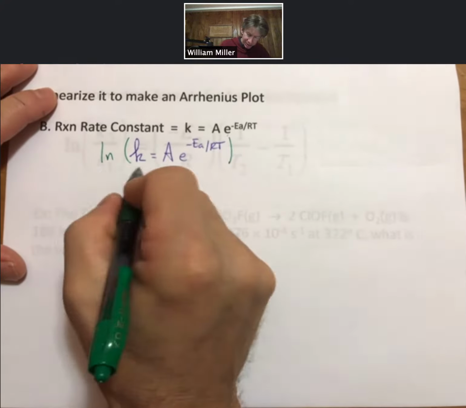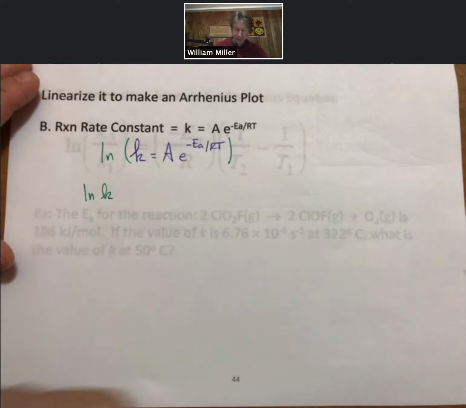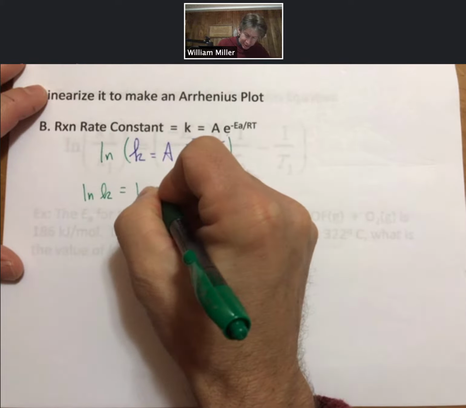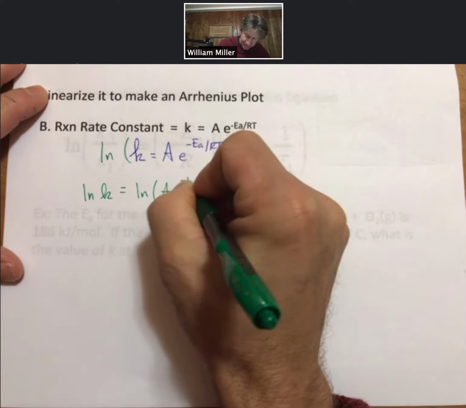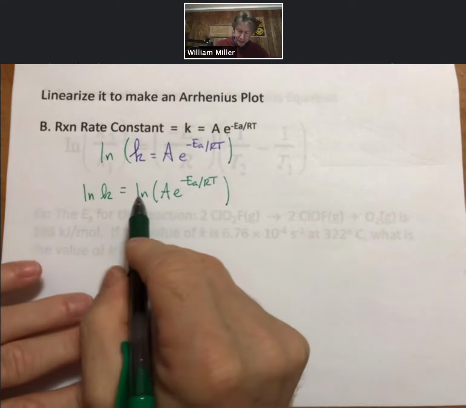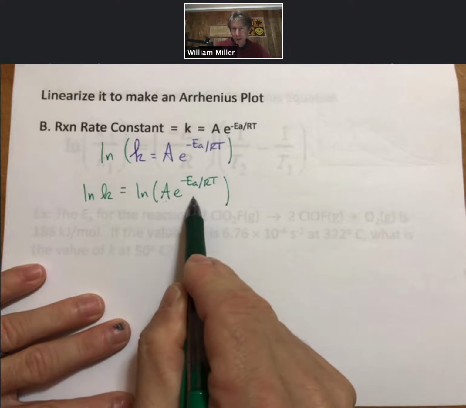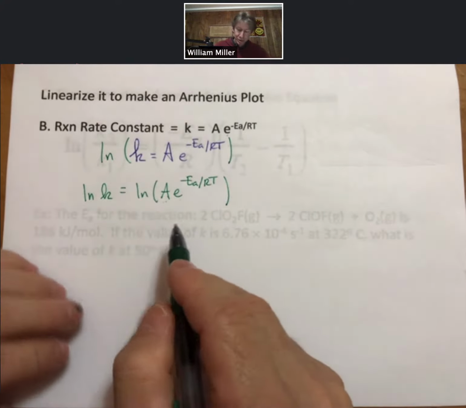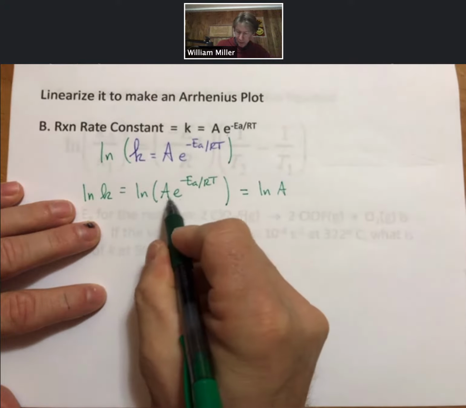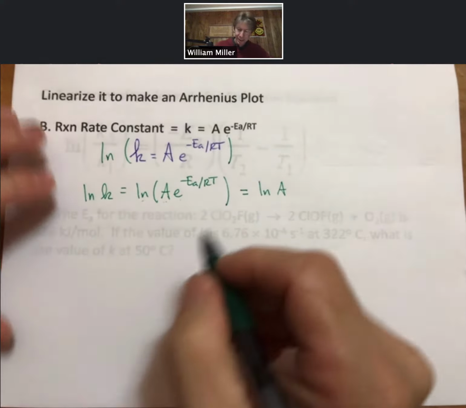When we do that, on the left-hand side, we will have the natural logarithm of the rate constant, and then we'll do this nice and slowly here. So we've just distributed that natural logarithm. Then we can see that there are two terms that are multiplied together on the right-hand side. Those two terms, when they're multiplied inside the natural logarithm or the regular logarithm, then they are added.